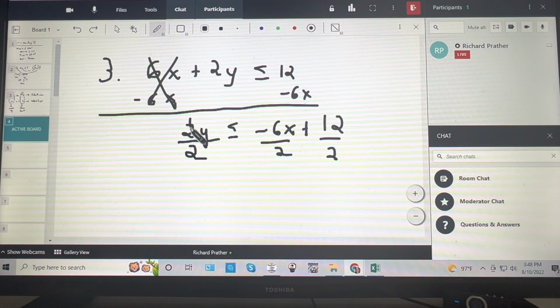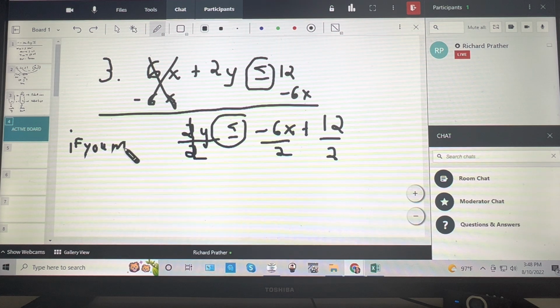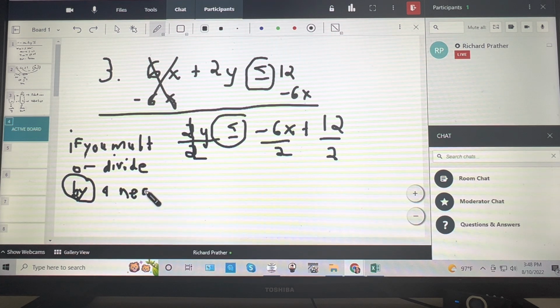to get the y by itself, you just treat this like an equal sign all the way down, with one exception. The only exception for inequalities compared to equations: if you multiply or divide by a negative, not with a negative, but by a negative, then you flip the inequality.